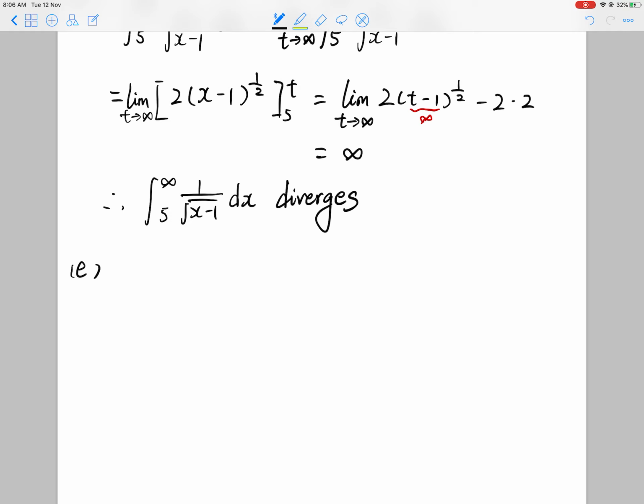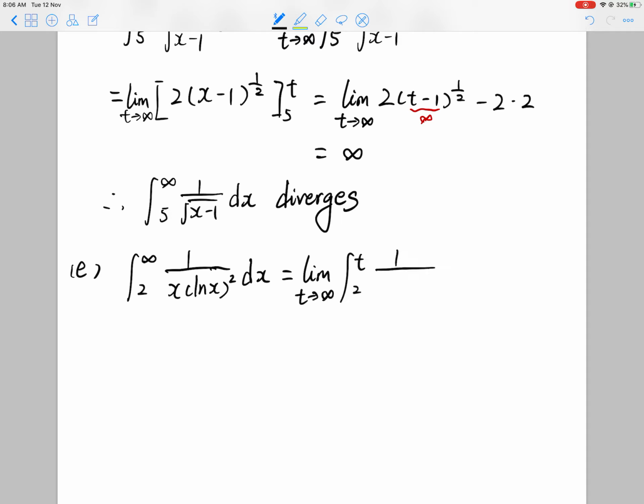Okay, part E, from 2 to infinity. So its limit as t approaches infinity, from 2 to t, of 1 over x (ln x) squared dx.